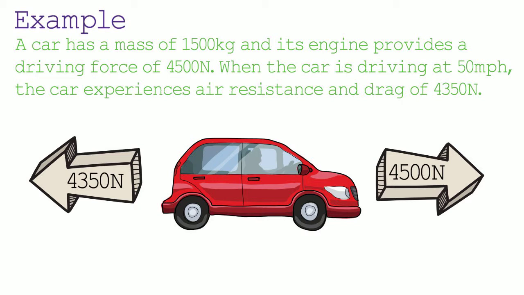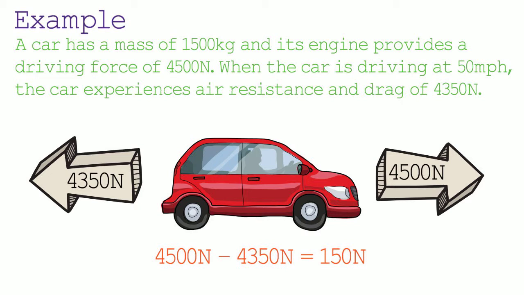This means that we'll have minus 4,350 newtons. So the resultant force is 4,500 newtons plus minus 4,350 newtons, and this gives us a resultant force of 150 newtons in a rightwards direction.